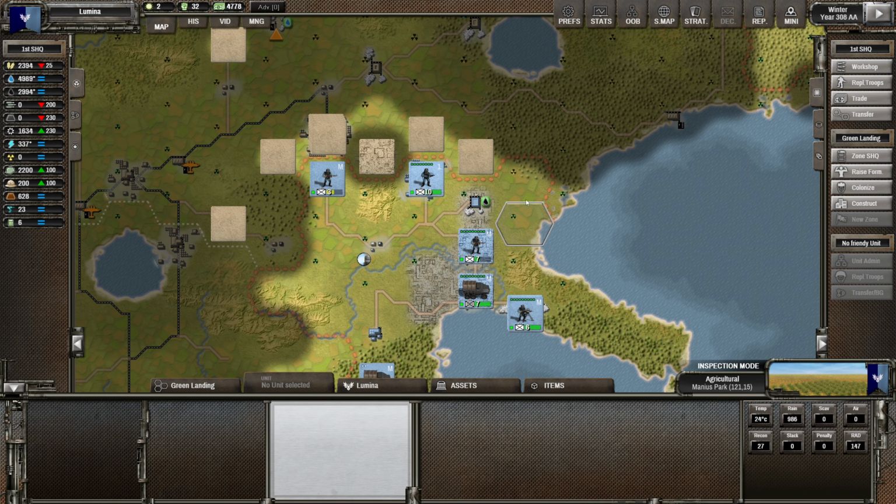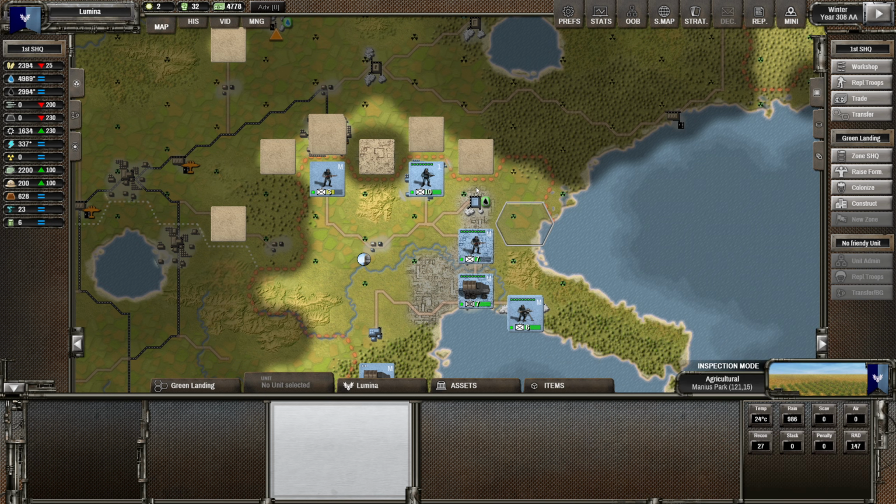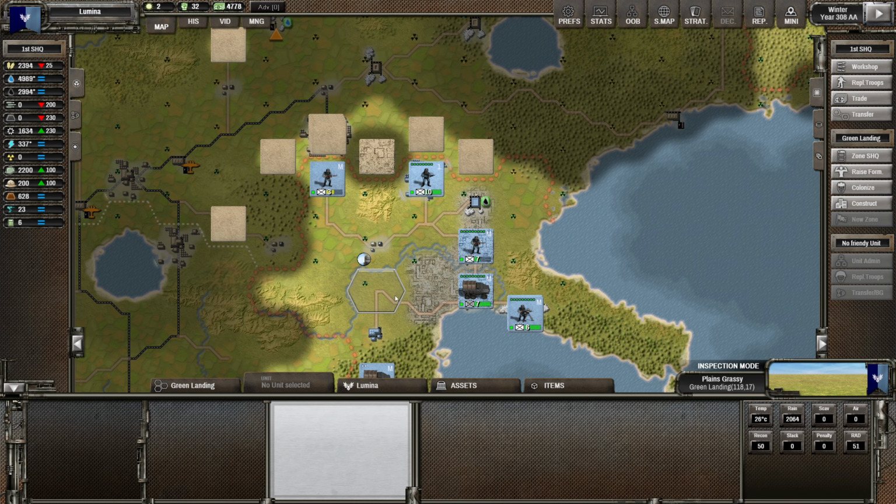Basically when you've got farms, there's usually little drainage ditches and things like that around the edge of farms that make it so that infantry can kind of hide in them and defend well. And tanks have a bit more of a difficult time getting through agricultural land than they would in just flat plains. Grassy plains, though, you'll see here, there's no attack or defense modifiers at all for anything. This is your standard kind of hex.